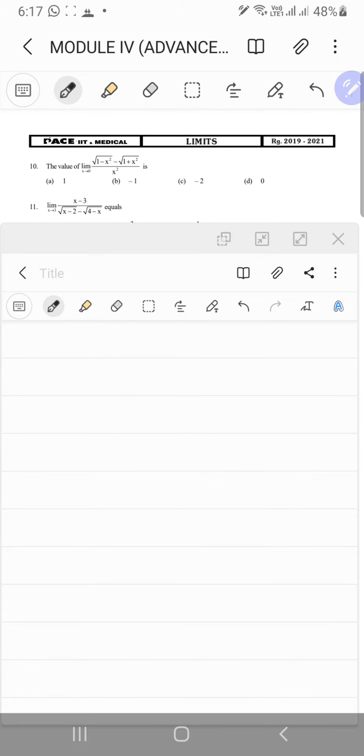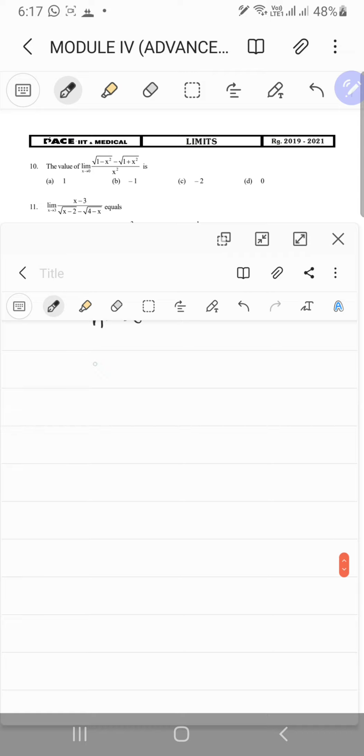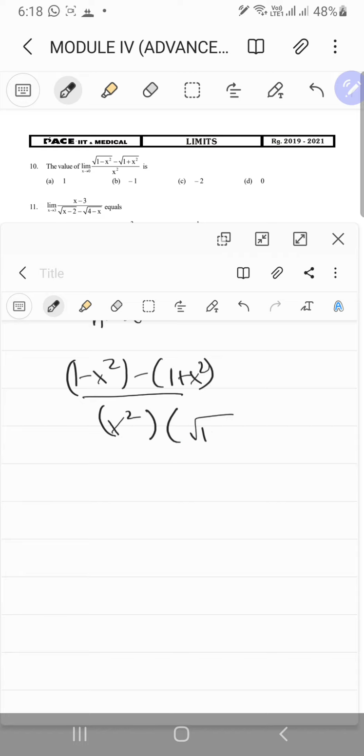Limit x tends to 0 of square root of 1 minus x squared minus square root of 1 plus x squared upon x squared. No big deal. Let's just do this. Yeah. Rationalize this thing maybe. So that's going to be 1 minus x squared minus of 1 plus x squared upon x squared, and then square root of 1 minus x squared plus square root of 1 plus x squared.